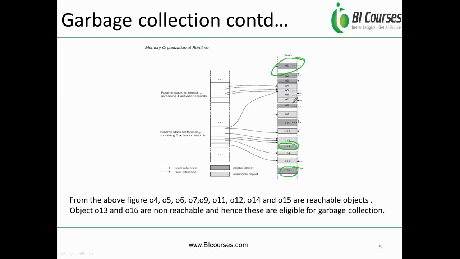And if you look here, we have separate threads, and these threads check whether any of the objects O1 to O16 are reachable or not. If they are not reachable, then they are eligible for garbage collection.